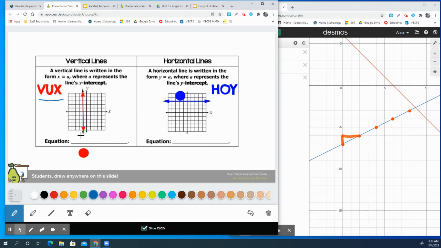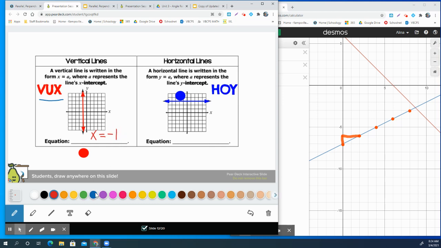What would this equation be, this red equation? So it crosses the x-axis, that's the intercept, right? So x equals, and where does it cross that x-axis? At what number?